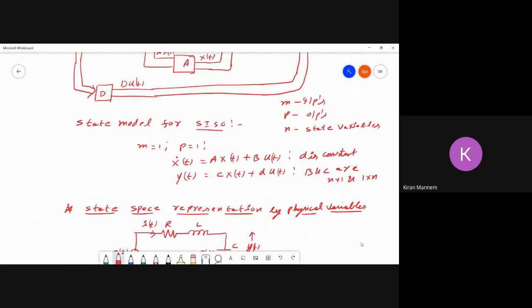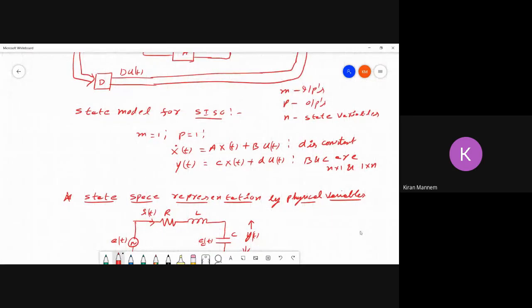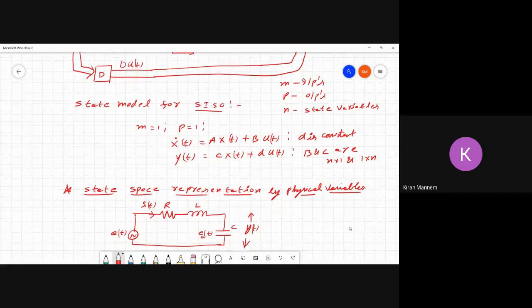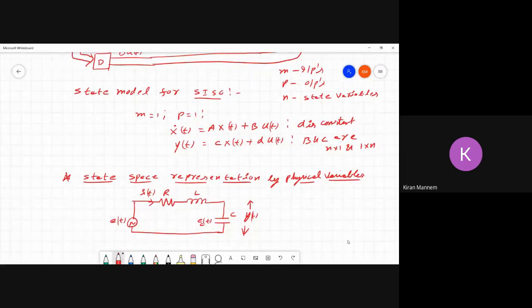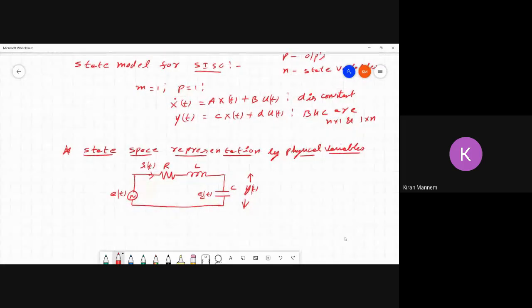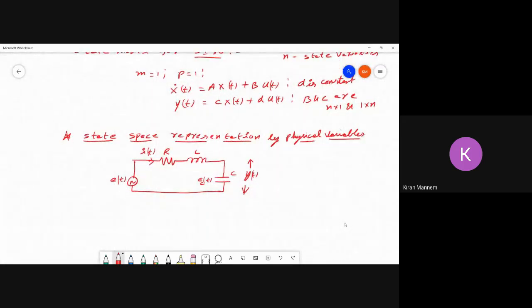This is the introduction part, representation and state equations and state model of the LTI system. For state space representation, we have two types, physical variables and phase variables. So we'll consider this RLC circuit for understanding the physical variable representation of the state space. Okay.